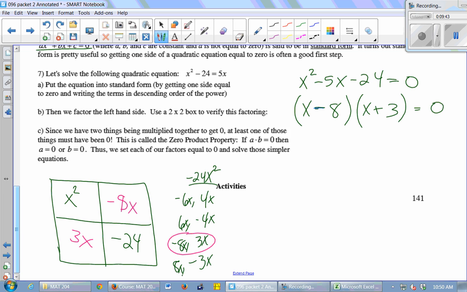Then we look at the first row, and you factor out the greatest common factor. What's the GCF of this first row? X, yep. X times what gives you x squared? X times what gives you negative 8x? And x times what gives you 3x? X plus 3, x minus 8.